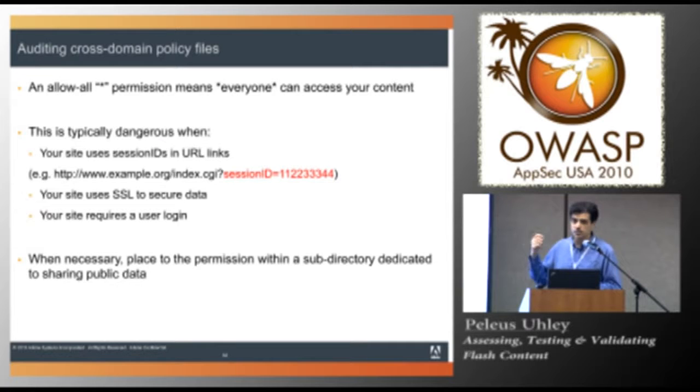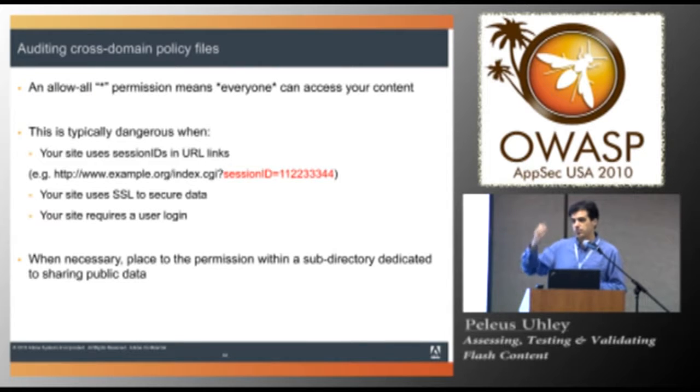If you have a site with a star permission, you typically don't want to use it on sites that use SSL or require a login. In some edge cases, it's probably okay depending on your use case, but as a general rule of thumb, it's a bad practice. And if you do need to allow star permission, you don't have to open up the entire website. You can open up a directory within that website.